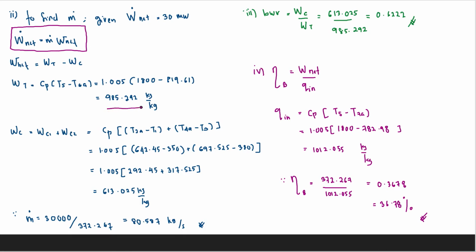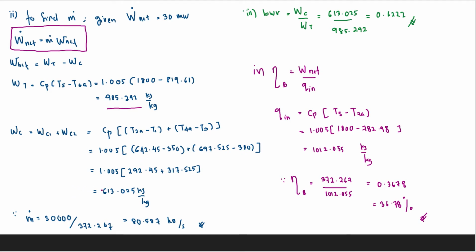I get this value. For WC, we have two compressors here, so please take both into account. For C1, CP, T2A minus T1, and for compressor 2, CP, T4A minus T3.